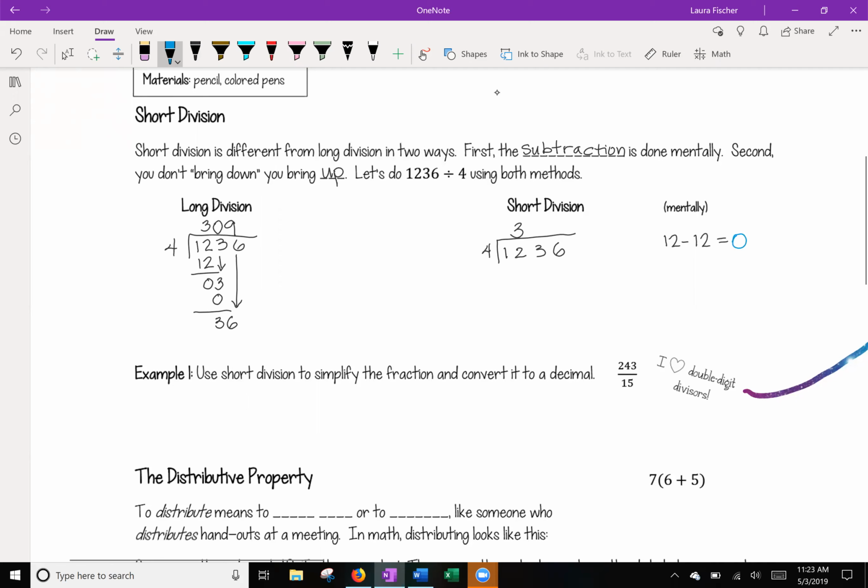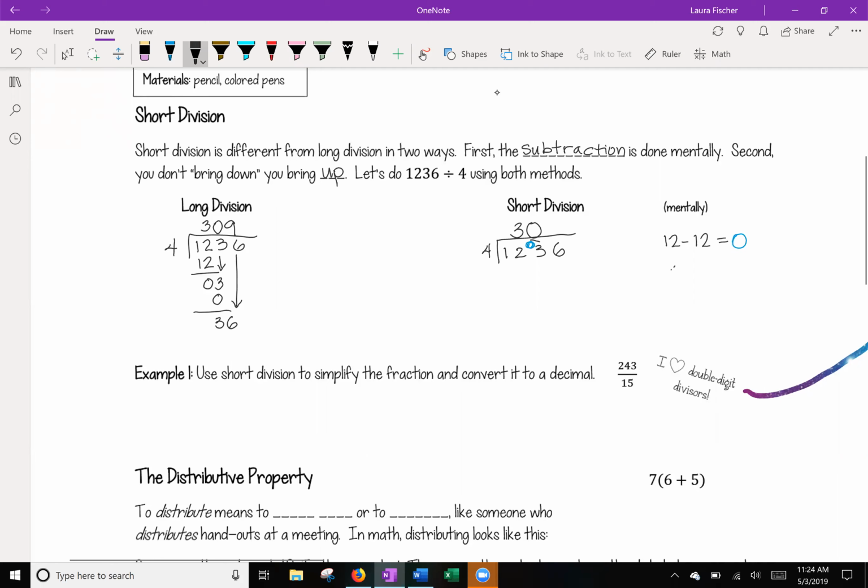Now notice I used a different color here. Normally we would bring down the 3, right? We would bring down the 3 looking over here, but we're going to bring up that 0, and we're going to put it right there. Then we would go on to the next step. Over here on the long division, we were saying to ourselves, 4 goes into 3 0 times. Look at it here. 4 goes into 3 0 times. 0 times 4 is 0.